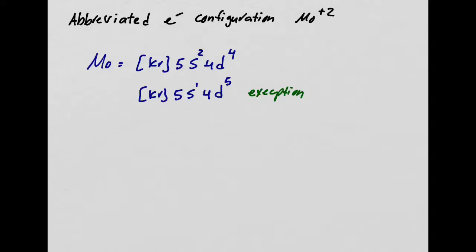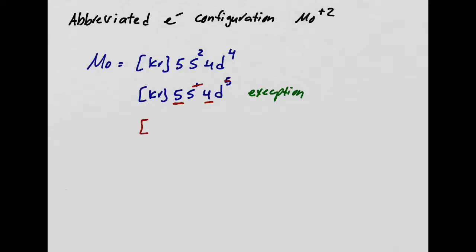Now, molybdenum +2. +2 means I need to lose 2 electrons. What's my highest N? Here's my highest N, 5. So I would lose this one. Then I have to go to D. Then I would lose one of those.